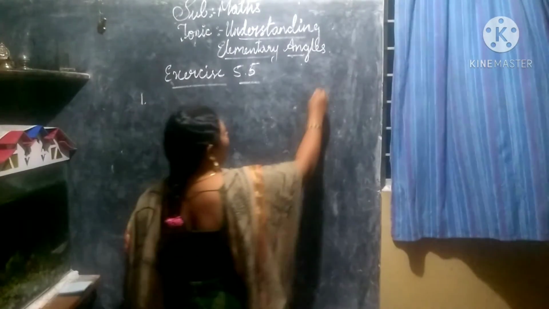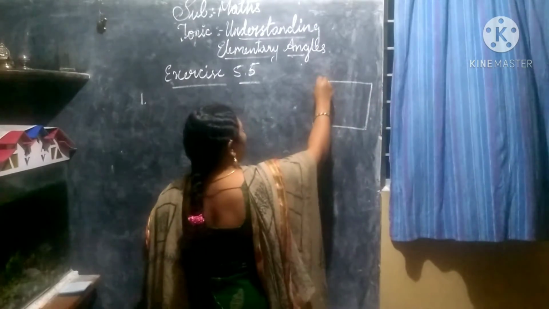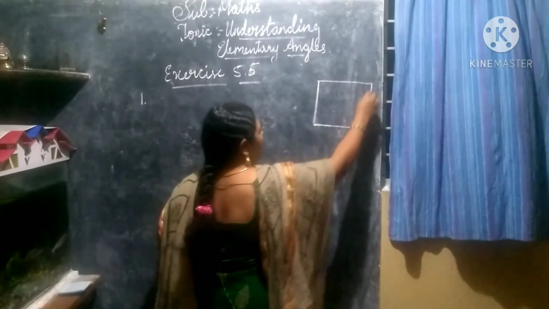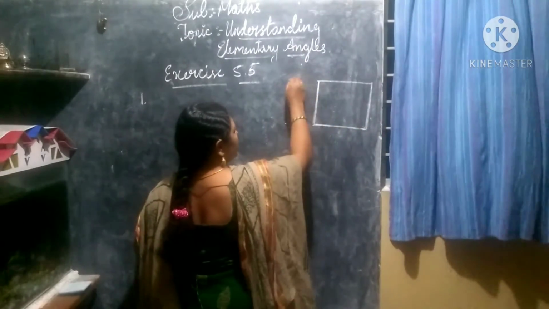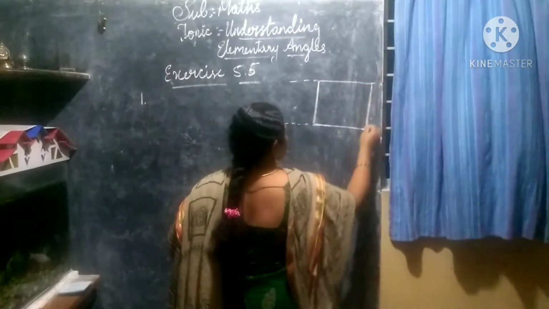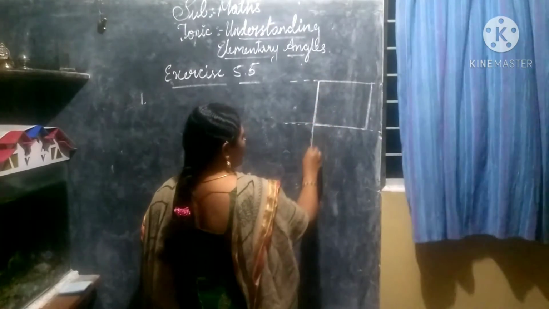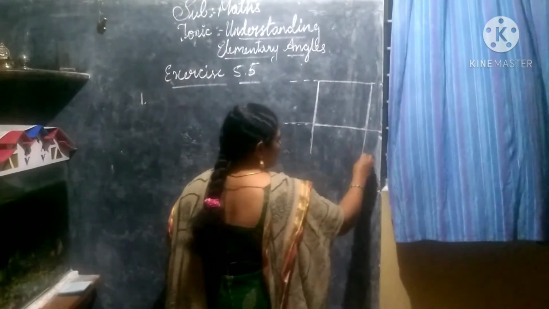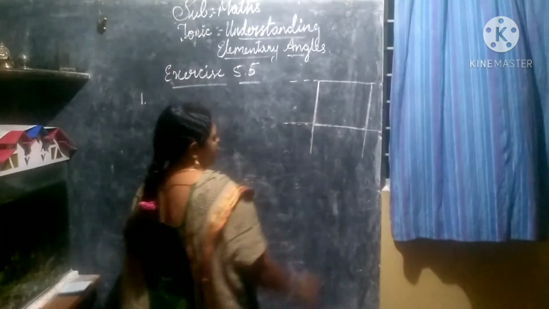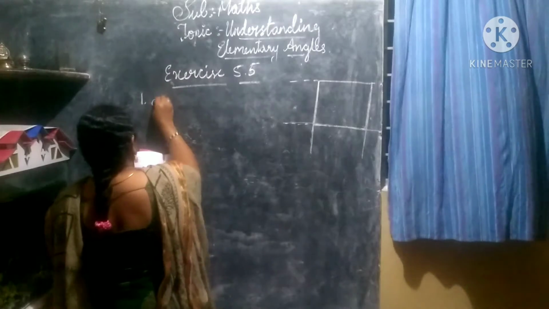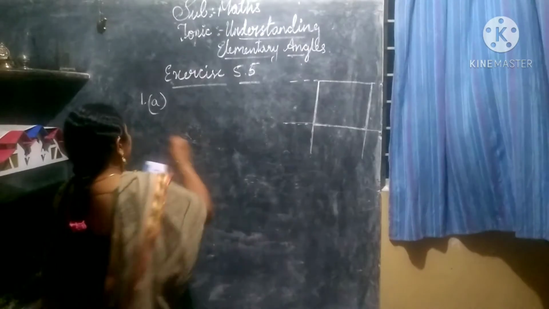How is your tabletop? Like this. Are these lines perpendicular? Let's draw some imaginary lines. If you imagine, these lines are perpendicular to each other, right? We have only taken this half, but if you imagine, you will get the perpendicular lines. So A is the correct answer, the adjacent edges of the tabletop.